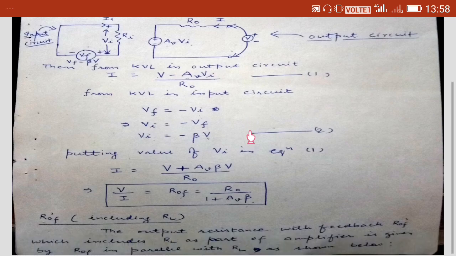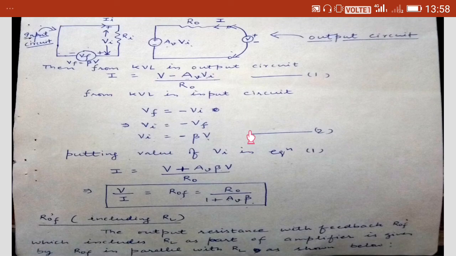Now putting the value of Vi in equation number 1, I will become V plus small v beta V upon R naught. Now from this equation we can easily find the ratio of V and I, which is V upon I equal to ROF equal to R naught upon 1 plus small v beta.